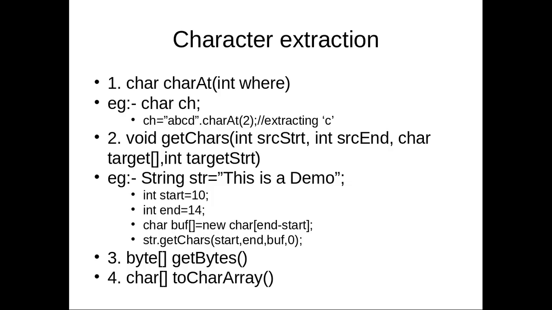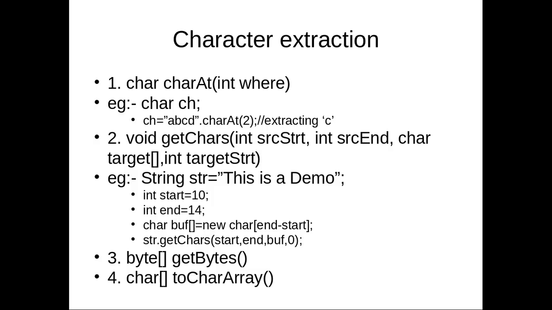Actually, it spans from sourceStart to sourceEnd minus 1, not up to sourceEnd. Next, a character array is defined. That means you have to specify a character array which is the target, and in that target you have to specify from which location onwards you have to copy this.